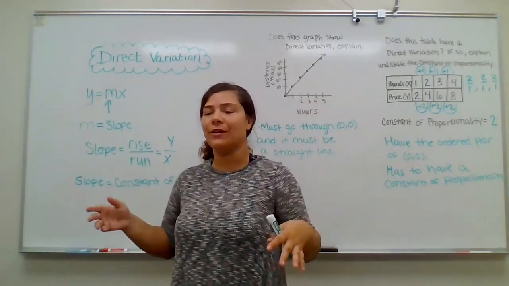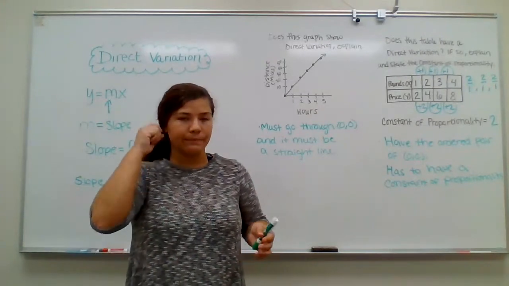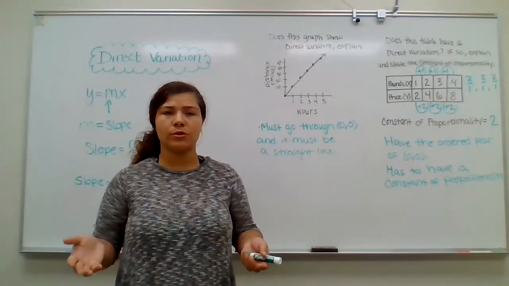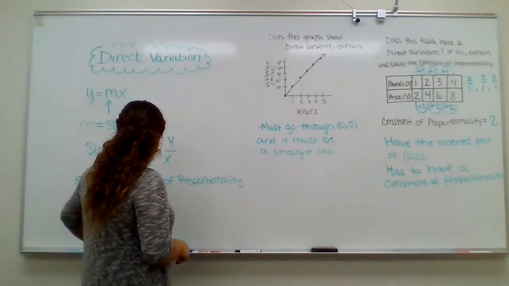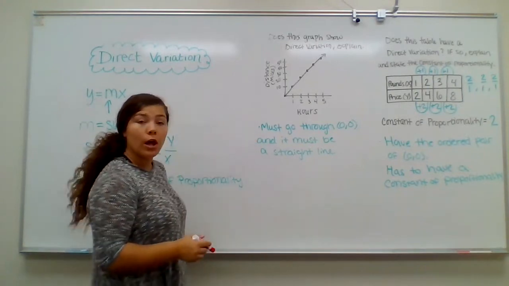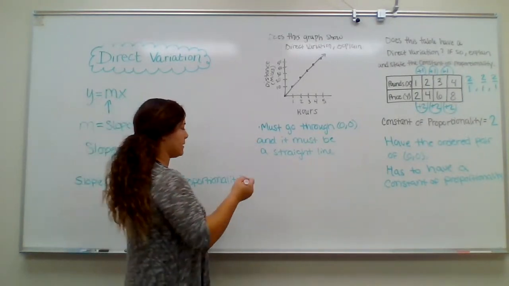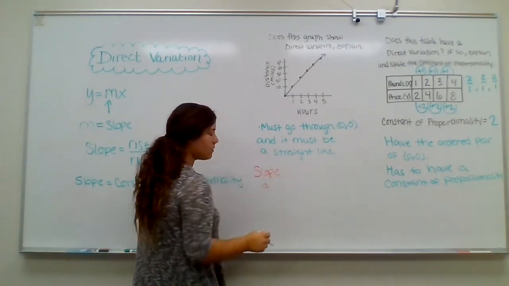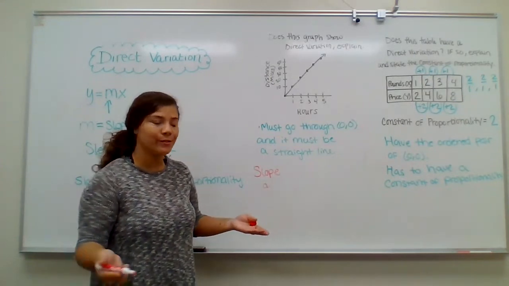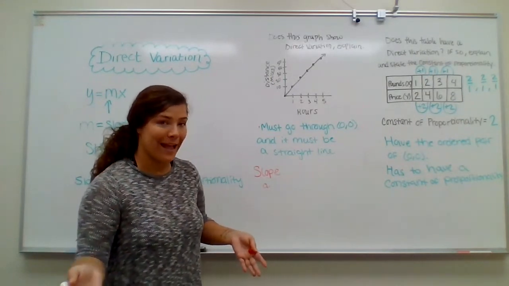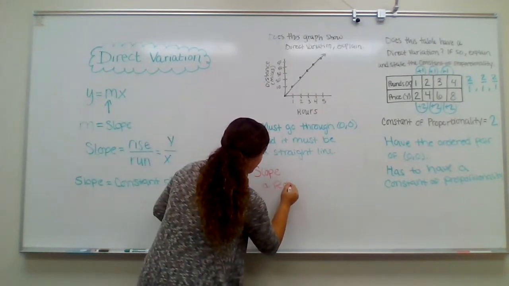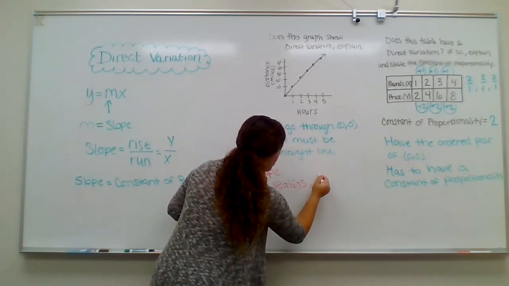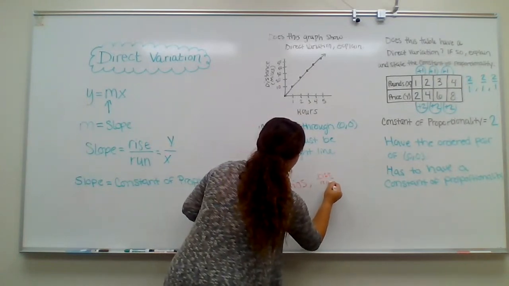So guys, let's recall what we've learned during the whole proportional relationship unit. So slope can mean 3 things. It can mean, of course, ratios, like y over x, or rise over run.